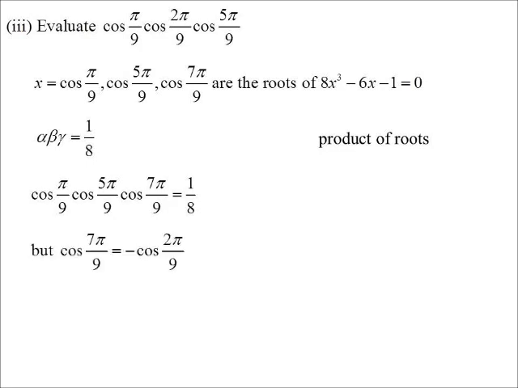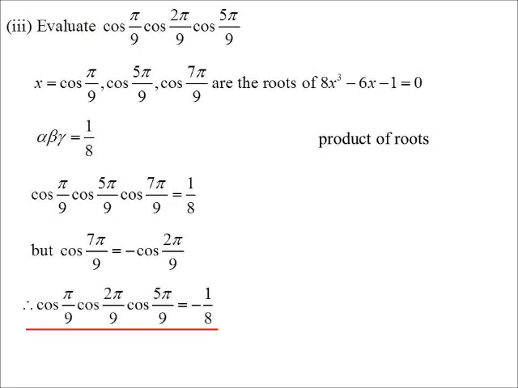Well, 7 pi on 9 is in the 2nd quadrant. So it would be the same as the negative, the cosine of the acute angle. The acute angle would be 2 pi on 9. So therefore I can substitute in for the 7 pi on 9 negative cos 2 pi on 9, and therefore my product is negative 1/8 as my answer.